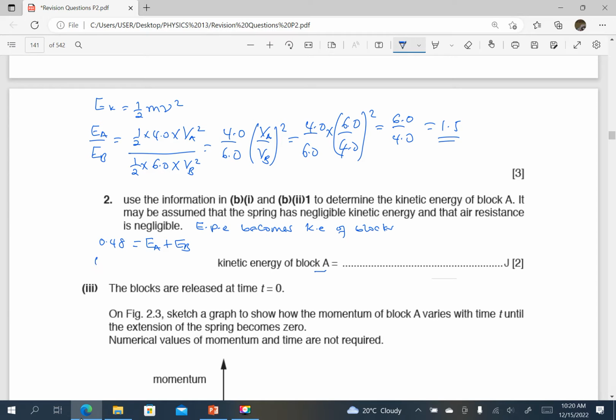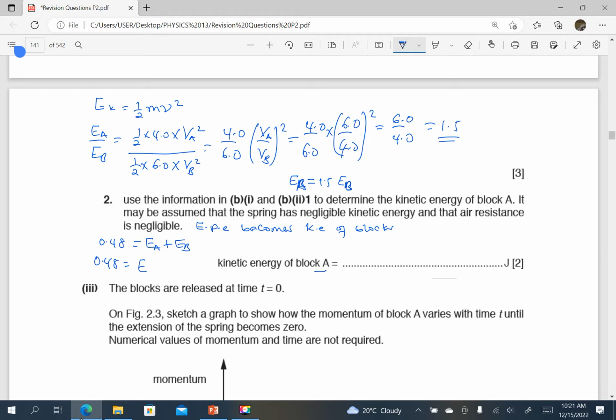So this means that 0.48 is equal to kinetic energy of A plus kinetic energy of B. Let me remove kinetic energy of B, since EA in the above equation is going to be 1.5 times EB. But you would still make EB the subject and remove it.